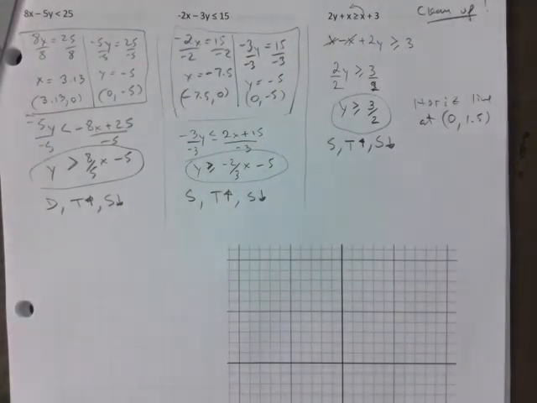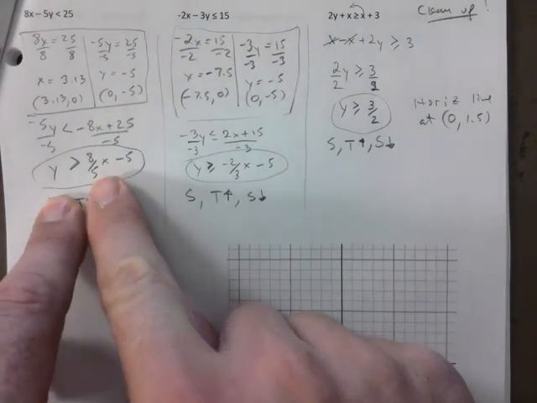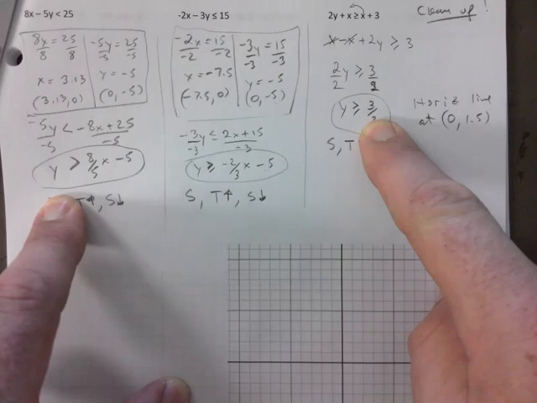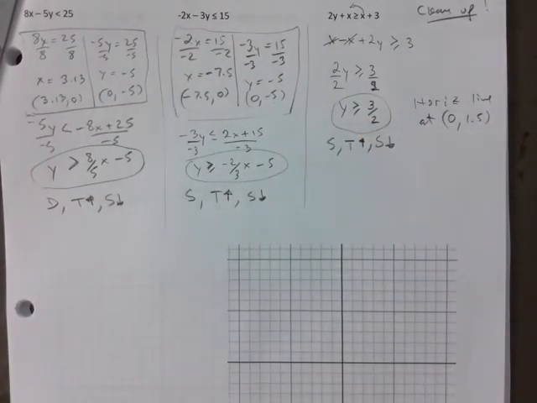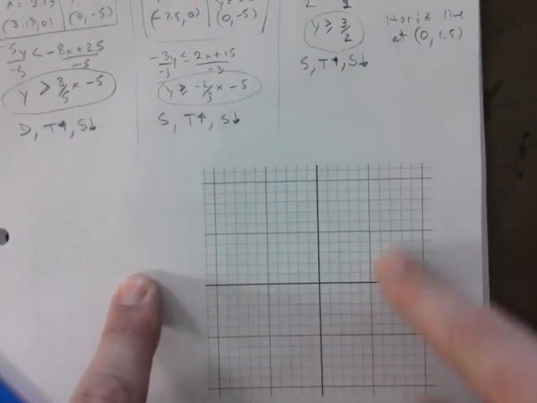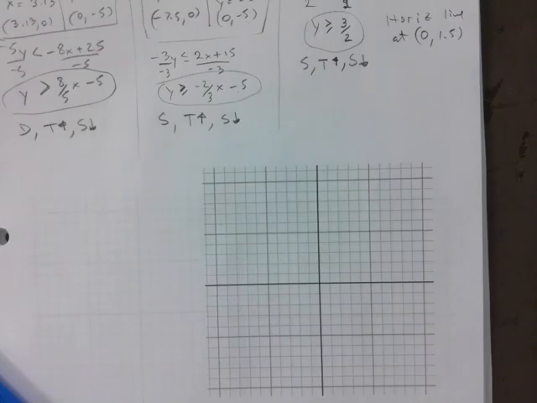Now go ahead and graph it. Type this into y1, y2, y3. See what it looks like on your graph and on your screen, and then transfer it over to this grid right here with shading and everything.